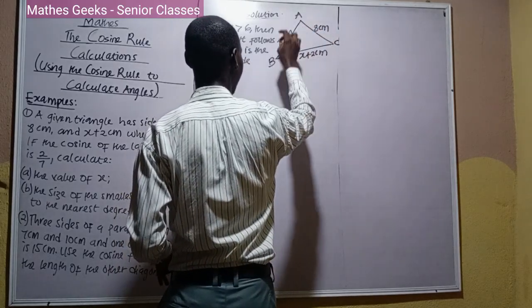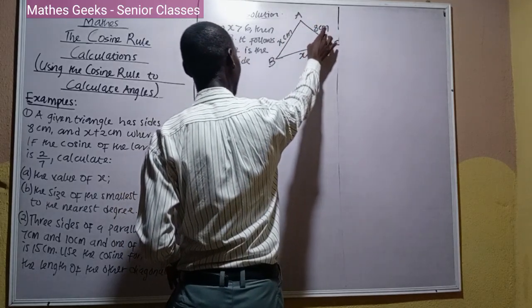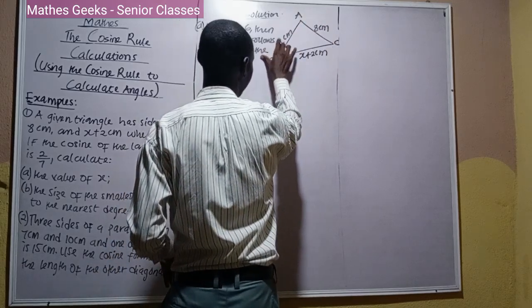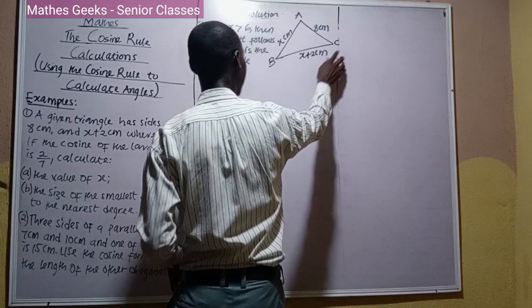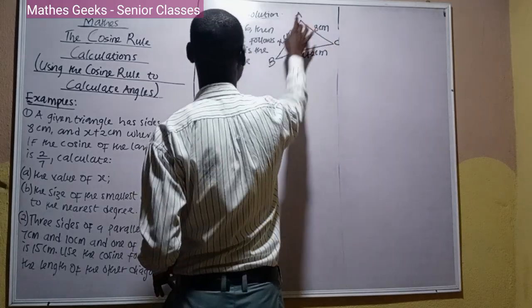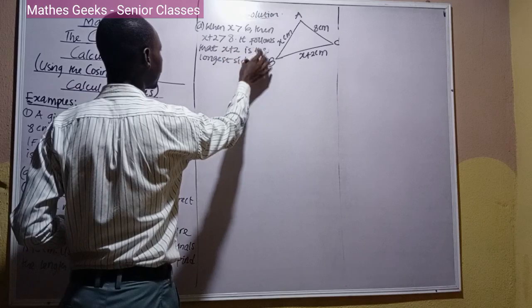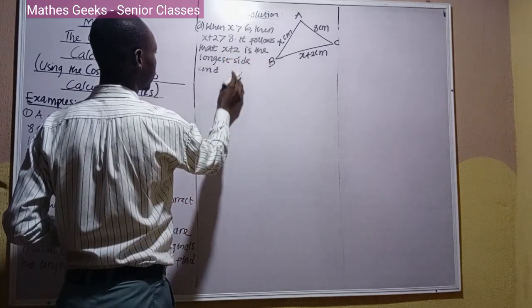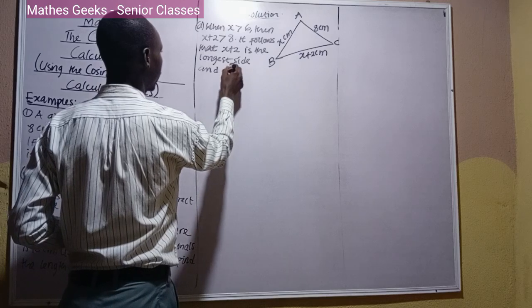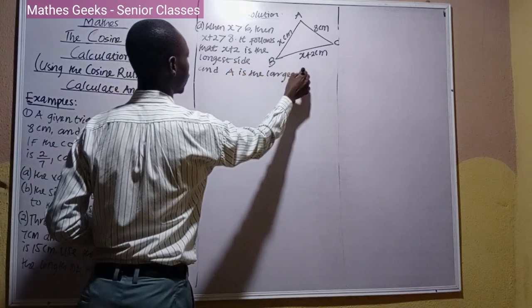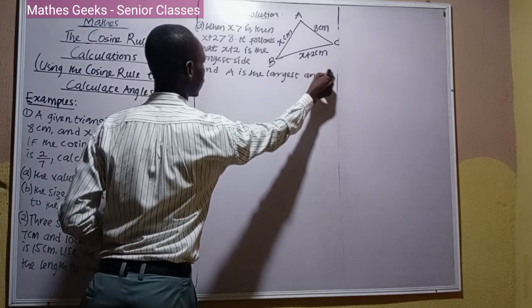That tells us that this is the smallest side. So the smallest angle will be angle C, and the largest angle would be angle A. It follows that x plus 2 is the longest side, and A is the largest angle.